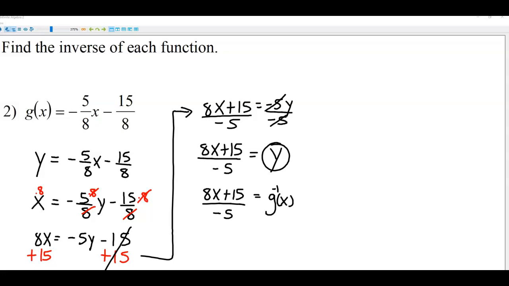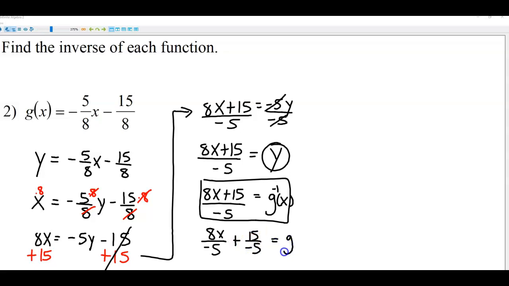Another way that the answer can be written is by splitting these two up and putting each one of them over 5. So this is a possible way the answer can be written, but another way it can be written is like this. And if you're going to split them up, try to reduce if possible.